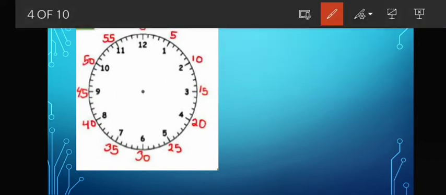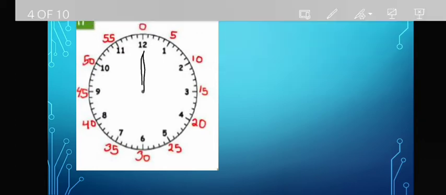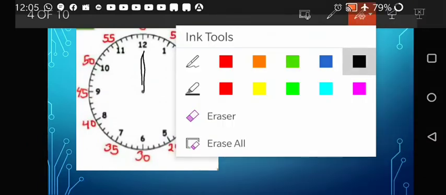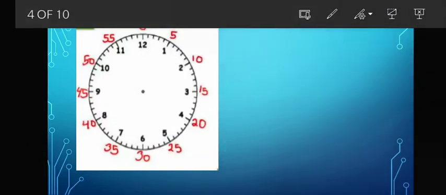Then see children, this is a minute hand, the long one. I will try and draw properly. Let us change the color.